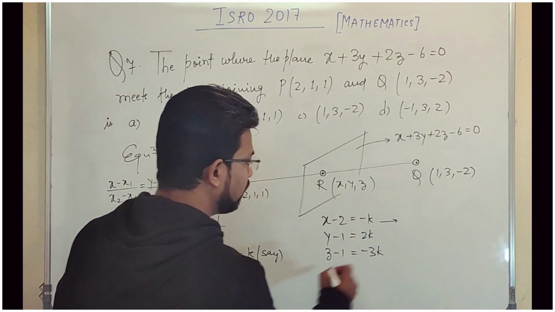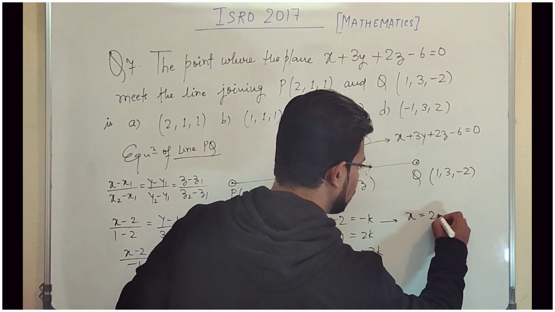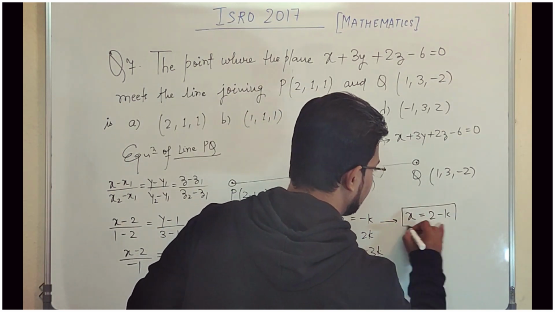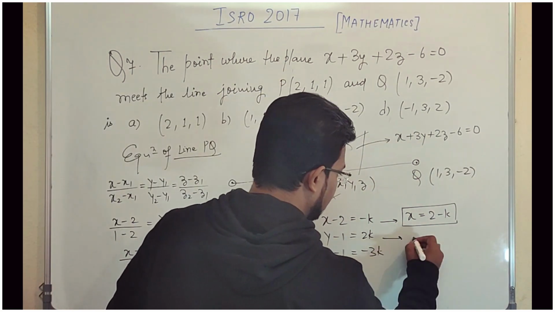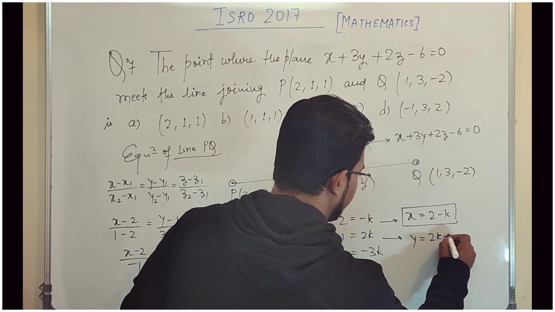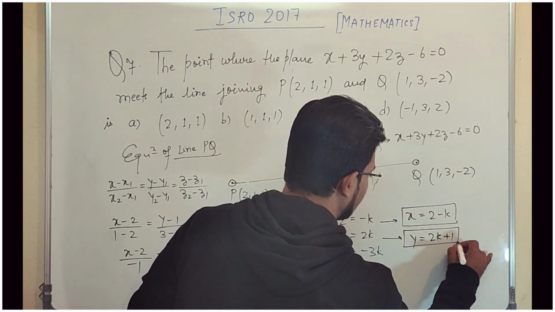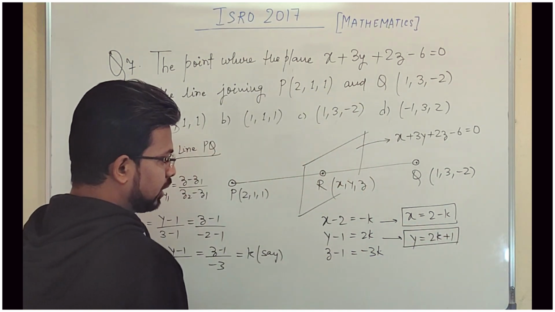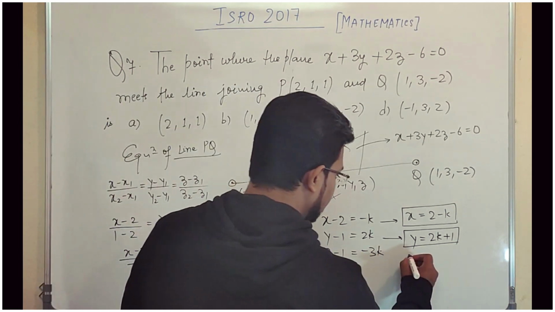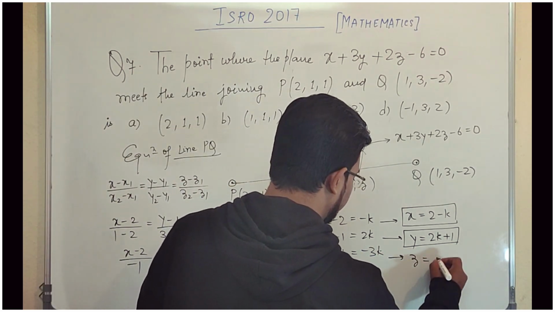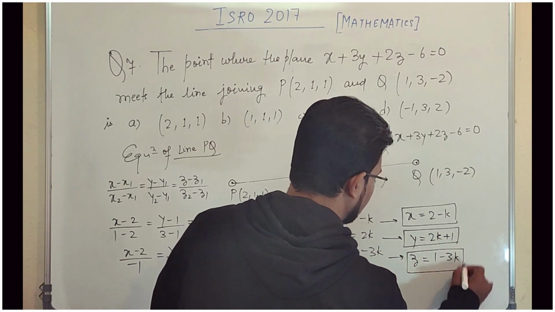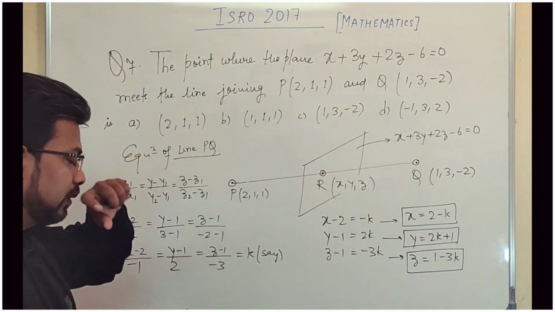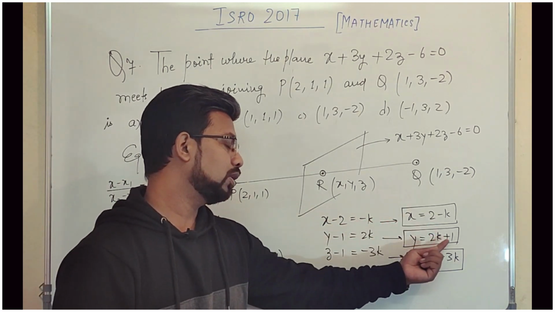So from here we can write that x is equal to 2 minus k. This is my first coordinate for this point. Then y is equal to 2k plus 1. Then z is equal to 1 minus 3k.